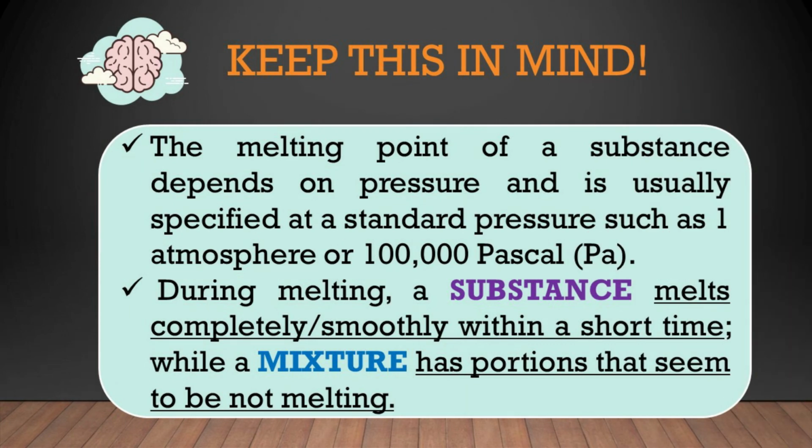The melting point of a substance depends on pressure and is usually specified at a standard pressure such as 1 atmosphere or 100,000 Pascal. During melting, a substance melts completely or smoothly within a short time, while a mixture has portions that seem to be not melting.